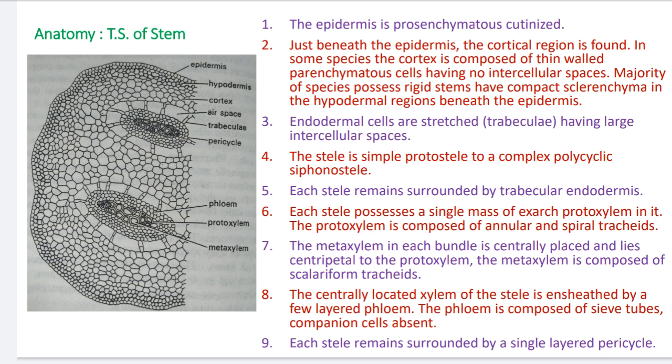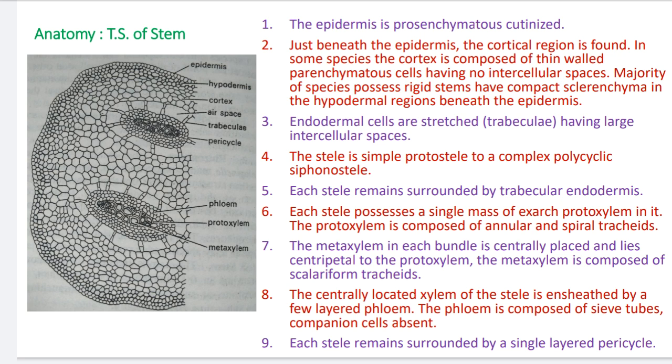Okay, the majority of species possess rigid stems, having compact sclerenchyma in the hypodermal region beneath the epidermis. In some species in the hypodermis, just below the epidermis, there are patches or layers of sclerenchymatous cells. As they are mechanical, they give rigidity to the stem.